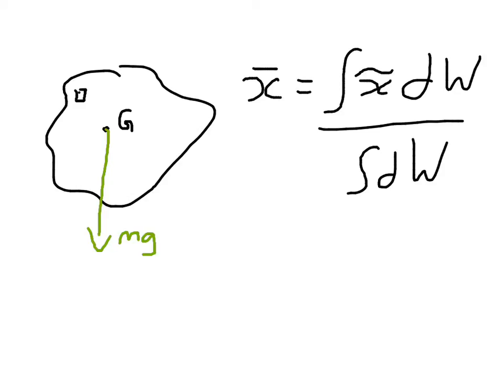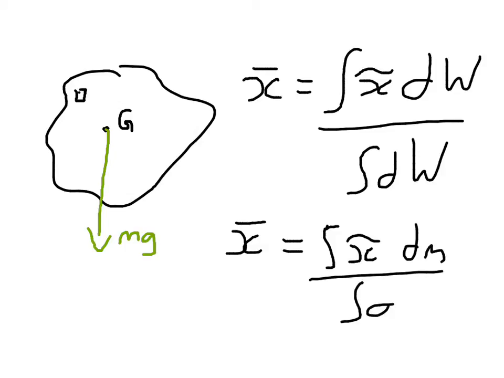And if we replace our w's with m's, for instance finding the x-coordinate of the centre of mass, it's exactly the same thing, apart from we're using dm instead of dw.